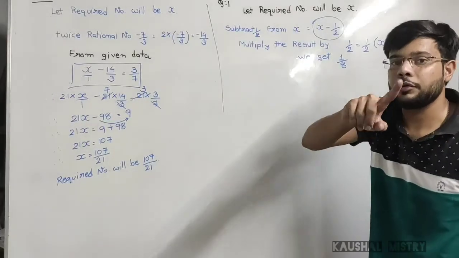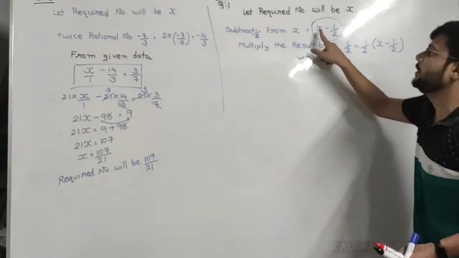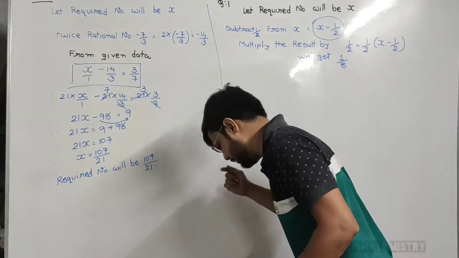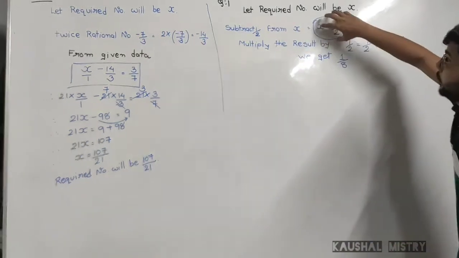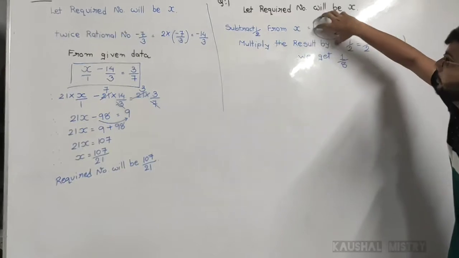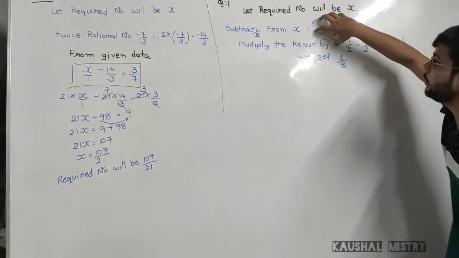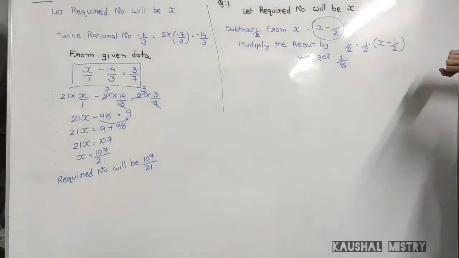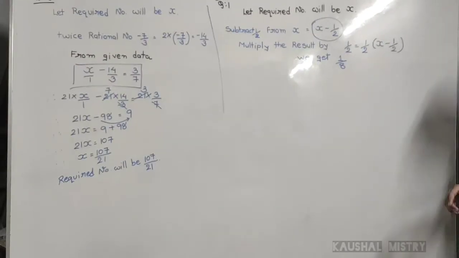We have to subtract 1 by 2 from it. That means x minus 1 by 2. Now we have to multiply that result by 1 by 2. So subtraction will be x minus 1 by 2, and we have to multiply this result by 1 by 2. Then we get 1 by 8.